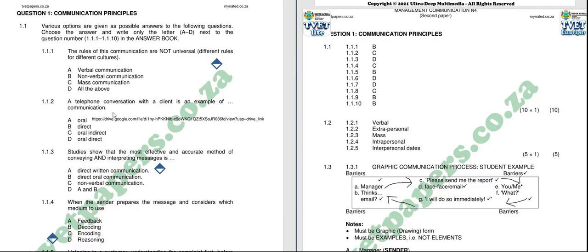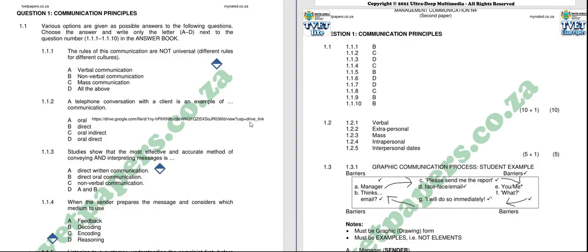Then on the second part, a telephone conversation with a client is an example of communication, of desk communication. Of course, this is a telephone conversation, so the correct answer is oral, indirect communication. Then we go to number 3: studies show that the most effective and accurate method of conveying and interpreting messages is.